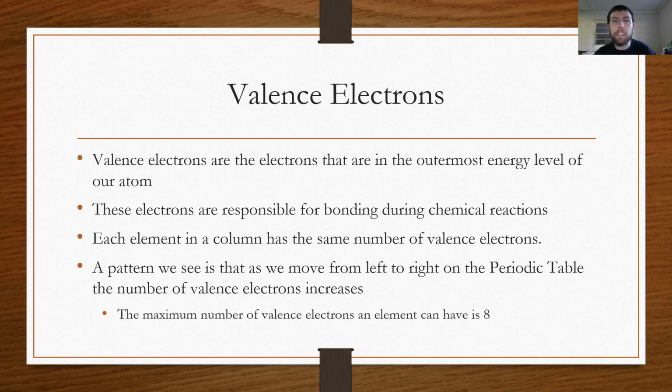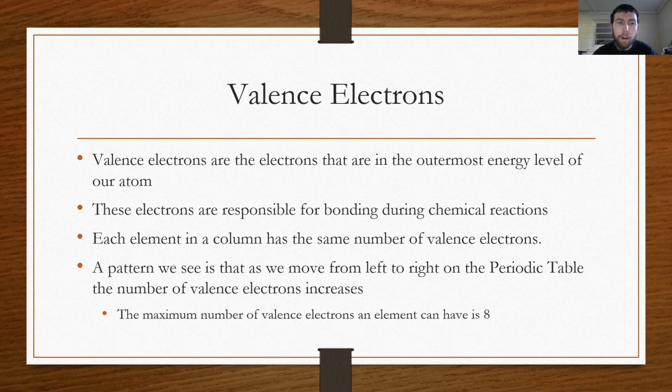So again, just to quickly recap, you've got your valence electrons. By definition, these are the electrons that are in the outermost energy level of our atom. Think about the outer ring in our Bohr model. These valence electrons are responsible for chemical bonding in chemical reactions. Our columns, for example our alkali metals, have the same number of valence electrons, being 1.